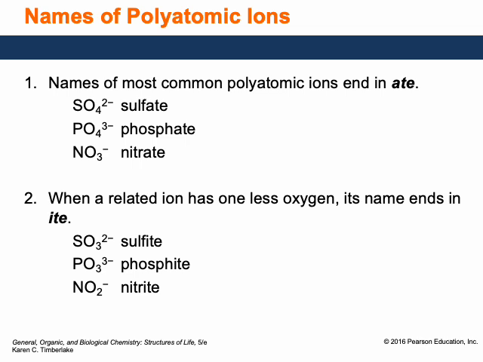For instance, this is sulfate, this is sulfite, and usually this is when it has one less oxygen. Between P and O, PO4 3- is phosphate, ending with -ate, and PO3 3- is phosphite. Similarly, N and oxygen can have NO3- or NO2-. NO3- is called nitrate, whereas NO2- is called nitrite.